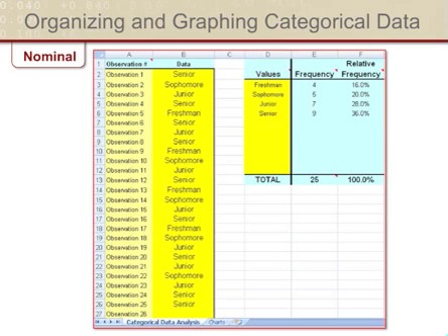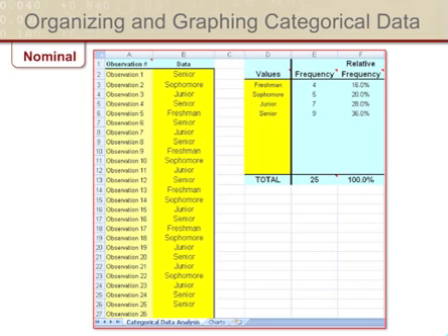The last column in the frequency table is called relative frequency. It's called relative because it means relative to the rest of the sample, how big is this? Because to just say there are 4 freshmen in my class, well, I may have a class of 5, which means that my class is dominated by freshmen. I may have a class of 50, in which case freshmen hardly even appear in my class.